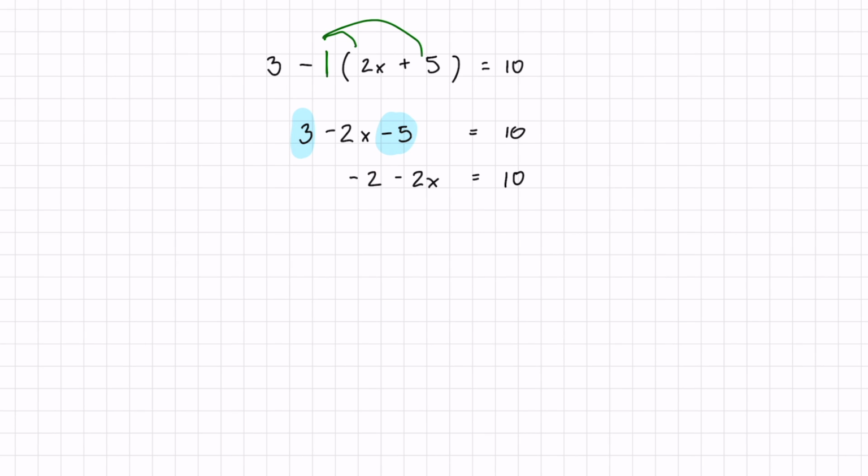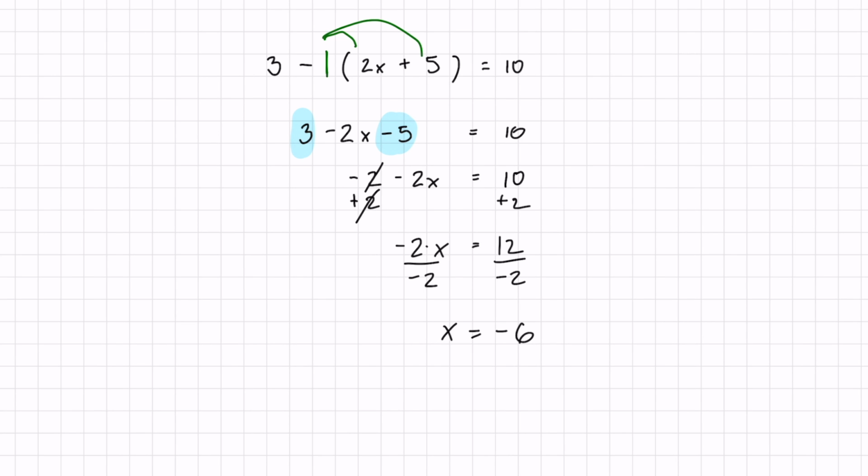And how do you get rid of minus 2? By adding a 2. Just do the opposite. That will cancel. Maybe write the times because you might forget. 2 times x, 10 plus 2 is 12. Last step is to divide by negative 2 to both sides, and you get x equals negative 6.